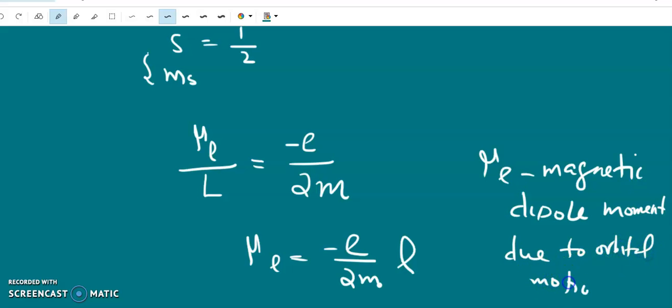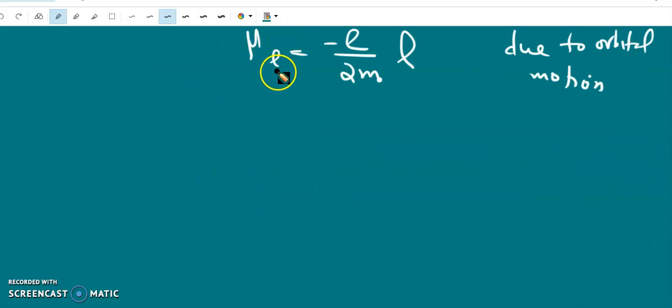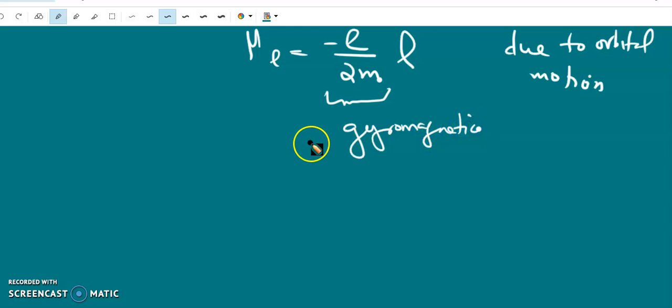So we have the magnetic moment due to orbital motion, minus e by 2m into L, where minus e by 2m is generally known as the gyromagnetic ratio. And analogous to this, in the spin motion also we have a magnetic moment due to spin motion, mu s. Mu s by s is approximately double that of this.